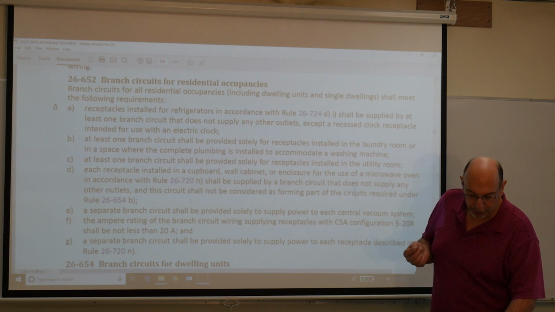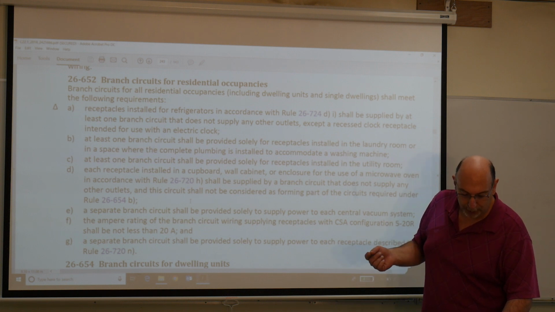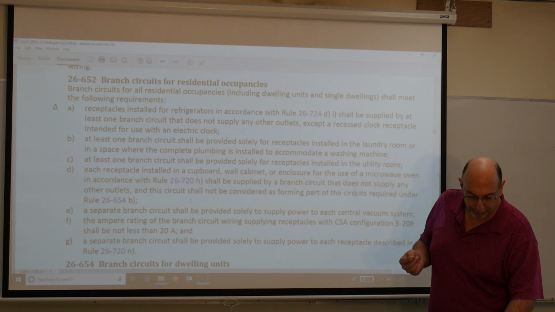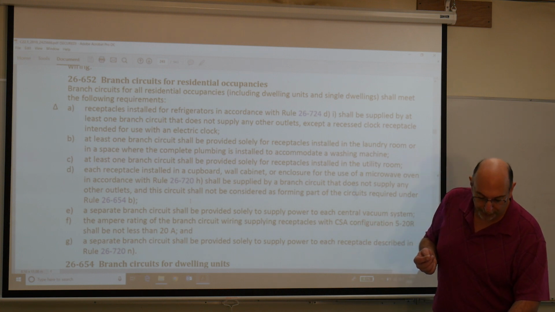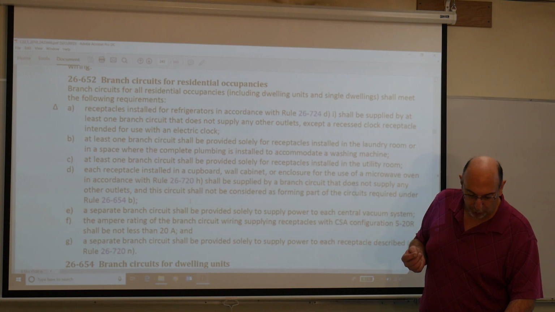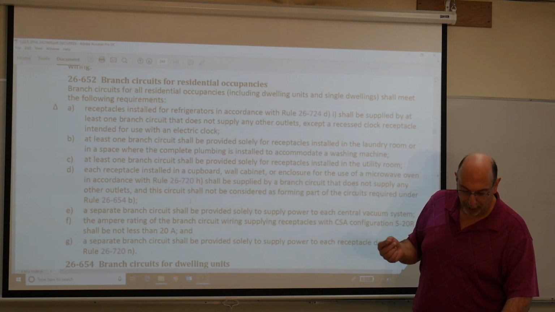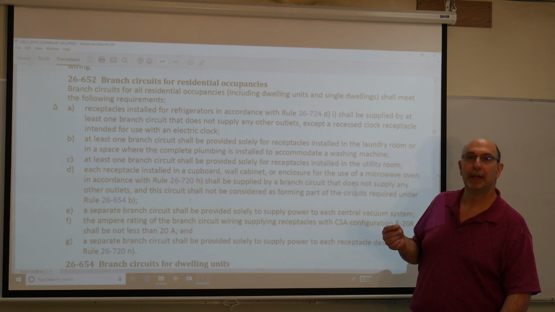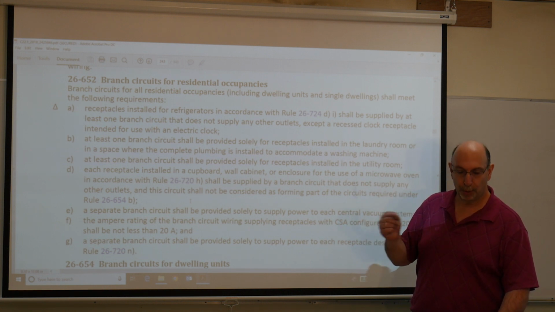Subrule C, at least one branch circuit shall be provided solely for receptacles installed in a utility room. Subrule D, each receptacle installed in a cupboard, wall cabinet, or enclosure for use of a microwave oven in accordance with 26.720 Subrule H shall be supplied by a branch circuit that does not supply any other outlet. So the microwave gets its own circuit.